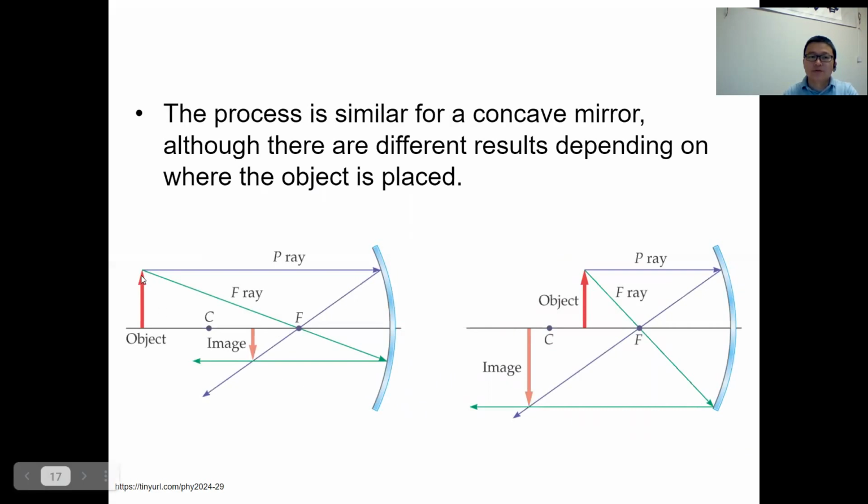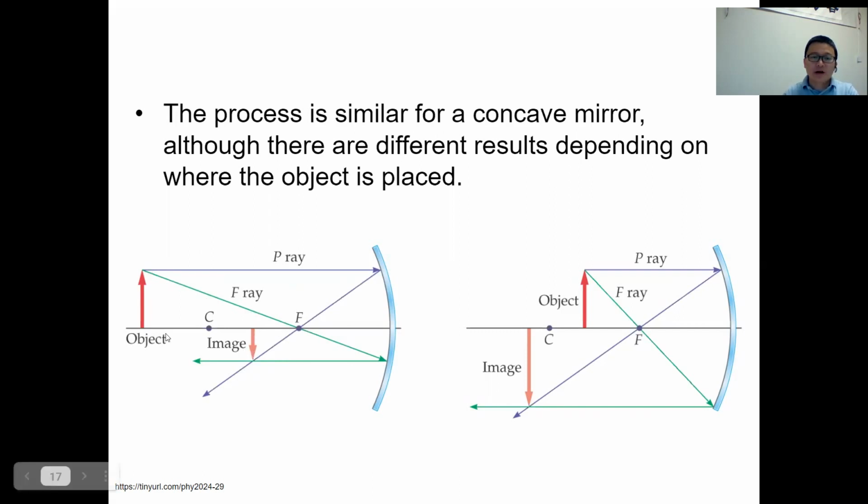For example, if you have an object here, the arrow, you can pick a P ray and an F ray. The P ray will hit this and reflect back through the focal point, so you have one here. The F ray will hit this and get reflected parallel to the axis. Then you can see these two rays intersect at this point. That's the position of the image.